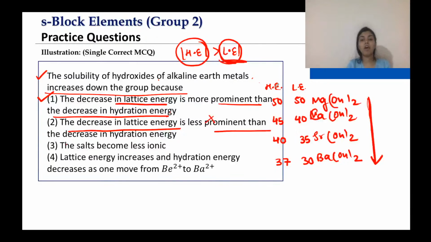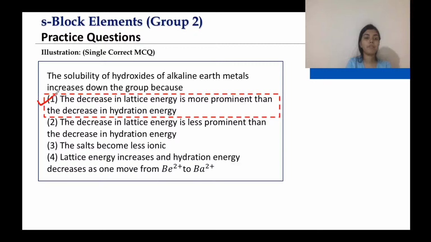So at all points, hydration energy is more than lattice energy. So the solubility is increasing here, right? Because the lattice energy is decreasing more prominently than that of hydration energy. So the answer should be first. For a compound to be soluble, the magnitude of the hydration energy should always be more than that of lattice energy.